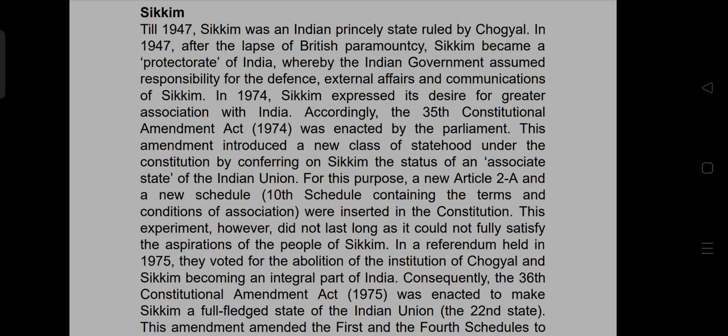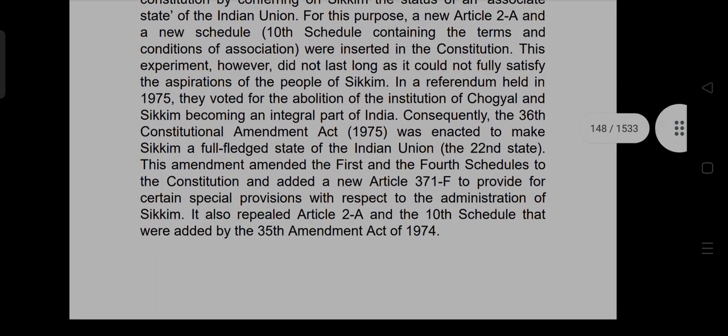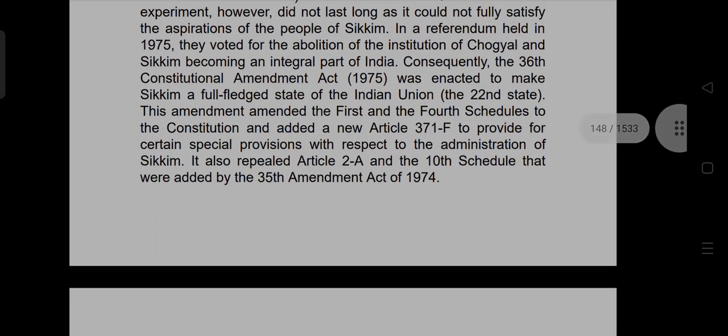This amendment amended the first and fourth schedules of the Constitution and added a new Article 371F to provide certain special provisions with respect to the admission of Sikkim. It also replaced the Article 2A and the 10th schedule that were added by the 35th Amendment Act of 1974.